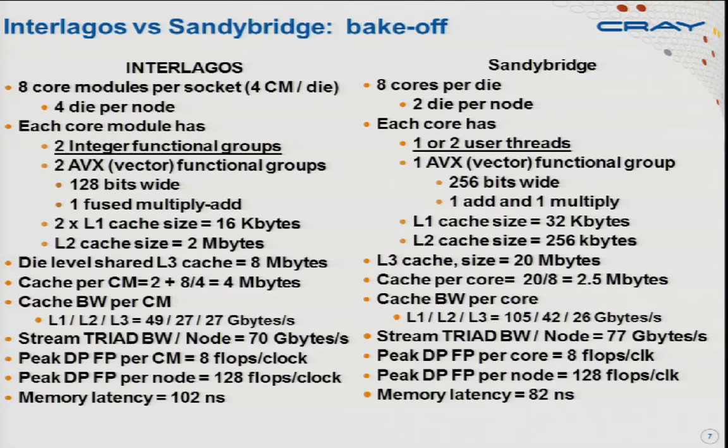So all in all, if you multiply everything out, the number of core modules times the number of sockets times the number of functional units, and you run 1 process per integer functional unit on Interlagos, this would give 32 at default. I'm almost certain that's the way it's set up on Rosa, right? And for Sandy Bridge, if you multiply the number of cores times the default number of threads per core times the number of sockets, you end up with 16.